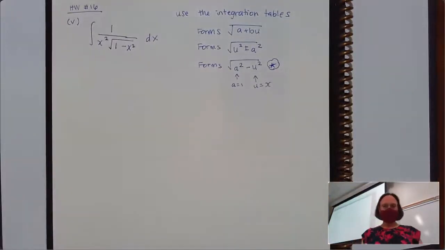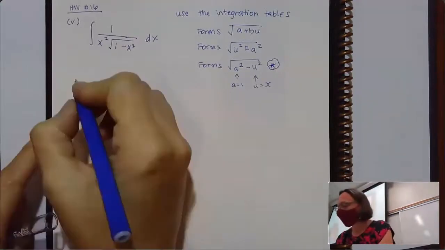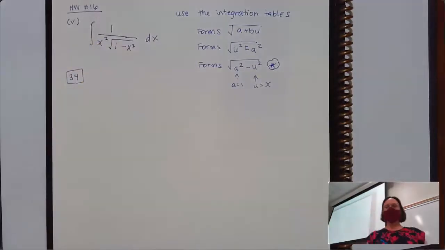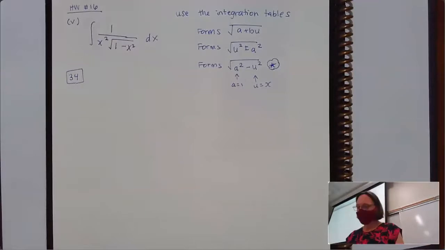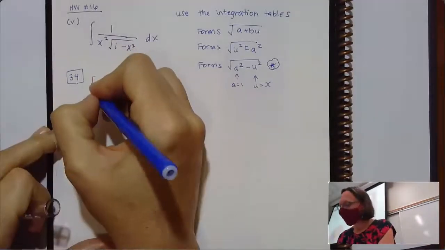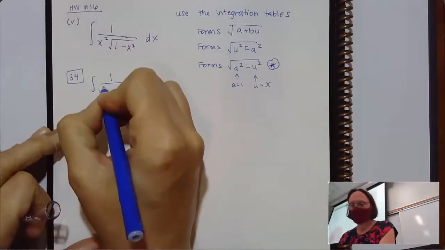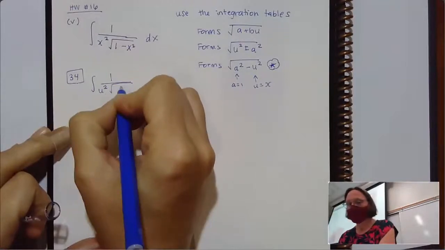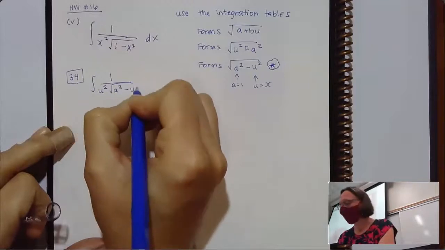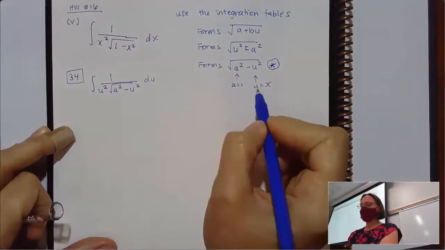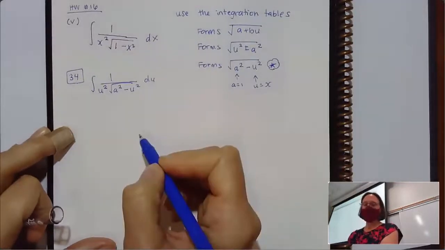And it looks to me like equation 34 is the one that is going to swoop in and save us. So equation 34 matches what we've got because equation 34 looks like u squared square root of a squared minus u squared du, which if a is 1 and u is x, that's what we have.